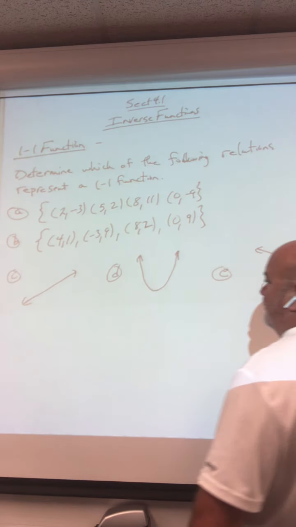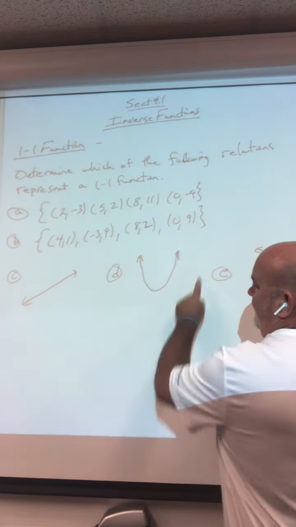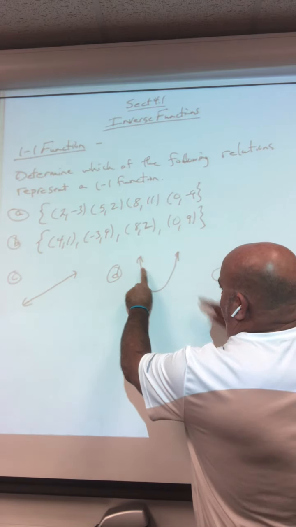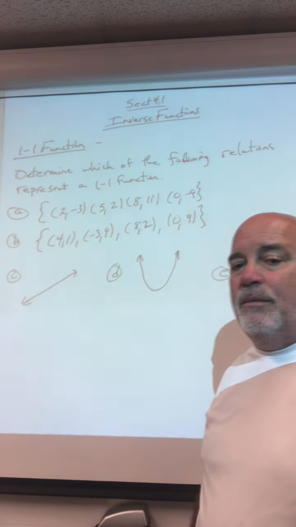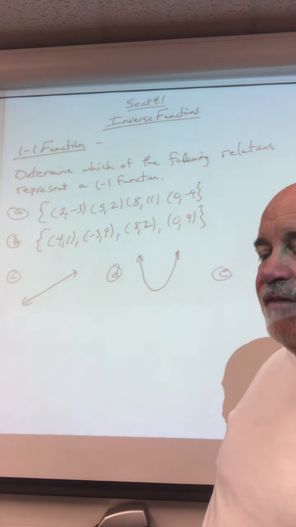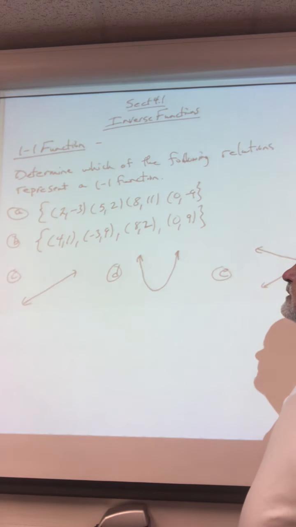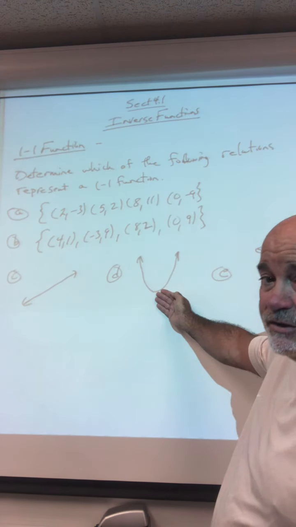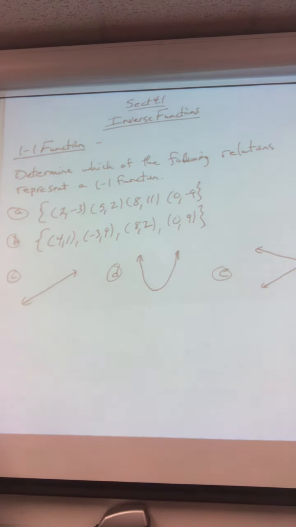Okay, D. Is it a function? Yes. But is it a one-to-one function? No, because it fails the horizontal line test. So the answer to D would be no, fails HLT. Now, if I had asked, is this a function, the answer would be yes, but it's not a one-to-one function.